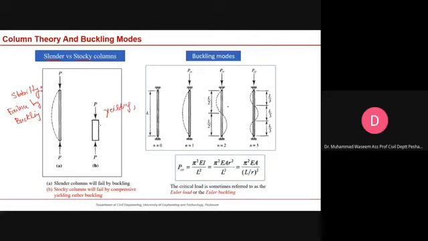They do not fail by buckling; failure is by yielding, fracture, etc. So the columns which fail by buckling we call slender columns, and the columns which fail by yielding we call stocky columns. Slender columns are longer as compared to stocky columns. These are the two types of columns, and we will deal with the design and analysis of both in compression members.